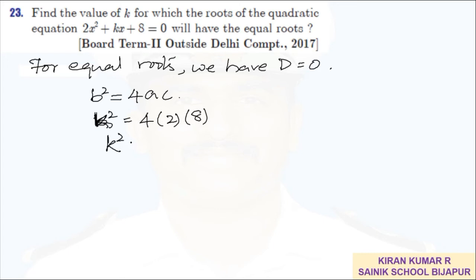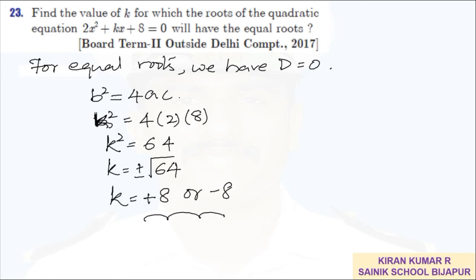So k square is 64. k is plus or minus root of 64. Therefore, there are two values of k, either positive 8 or negative 8.